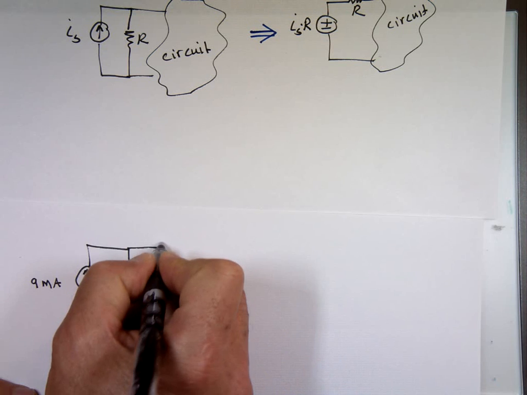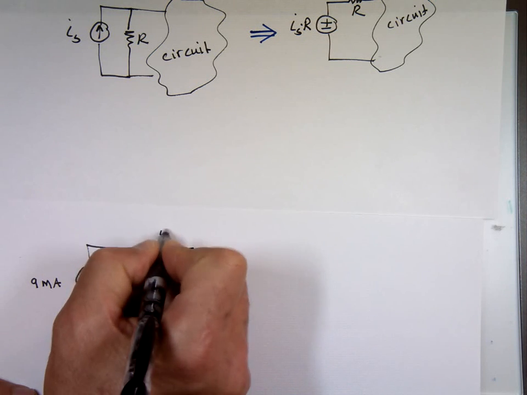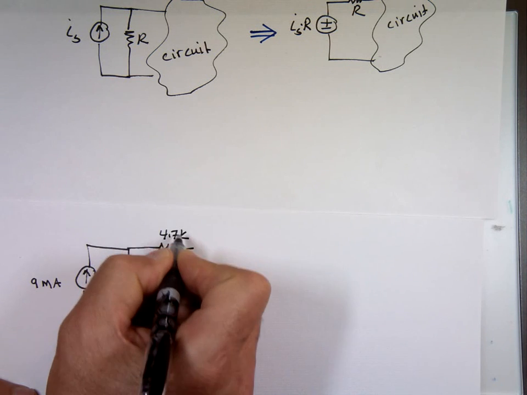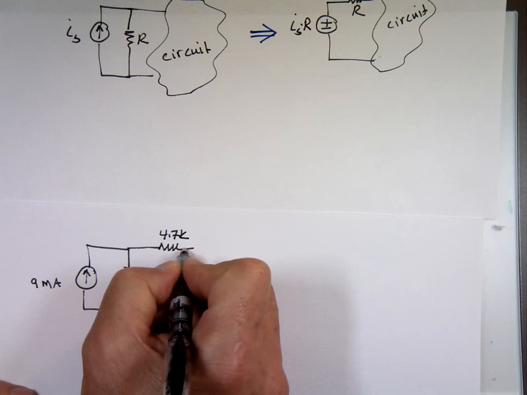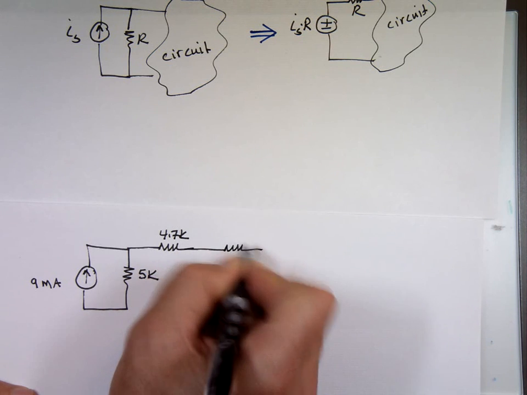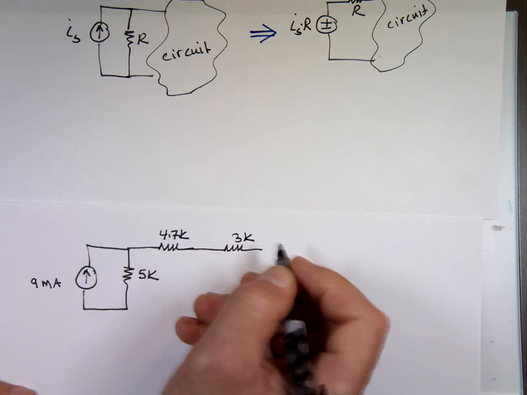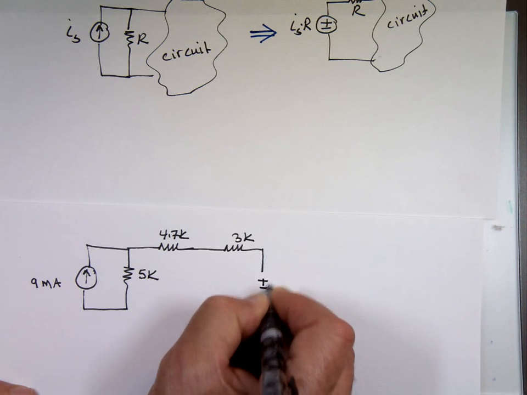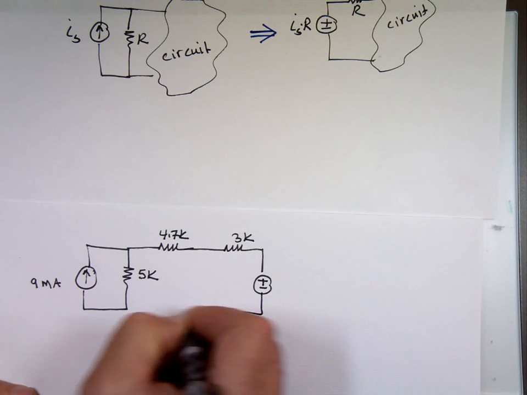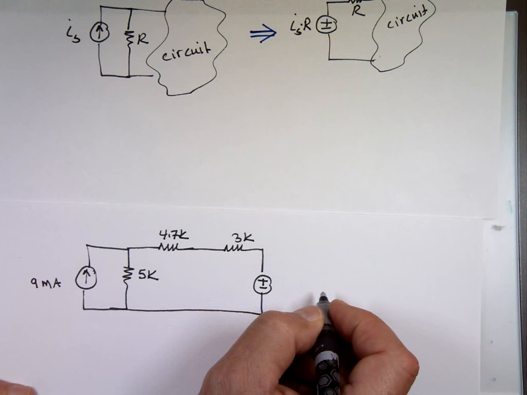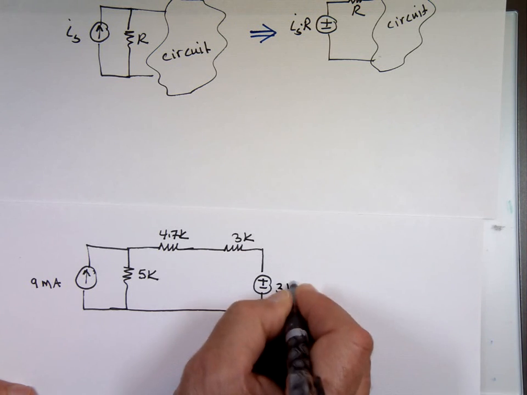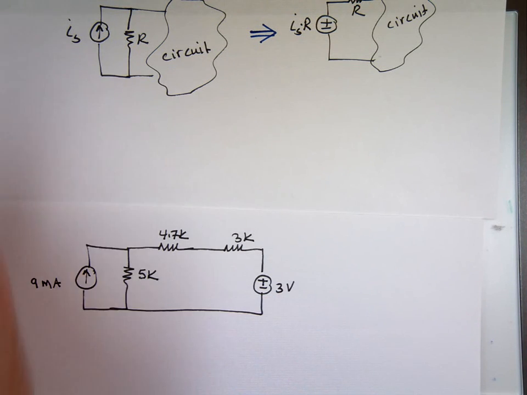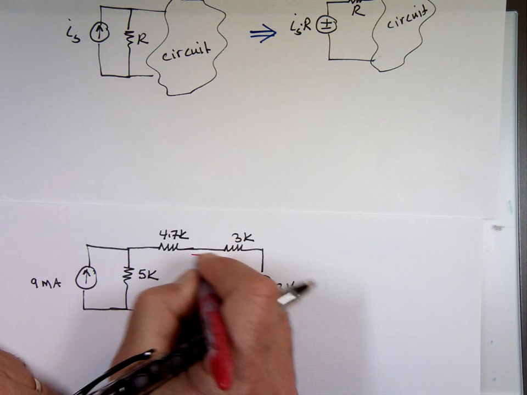I have a 4.7 kilo ohm resistor, another 3K resistor, and a voltage source of 3 volts. And the question here: can you tell me what is the current going in that direction?